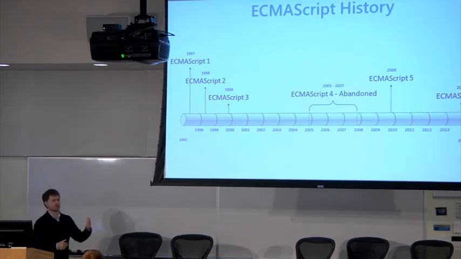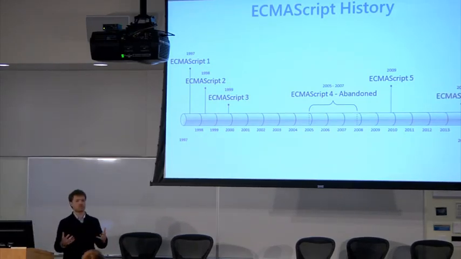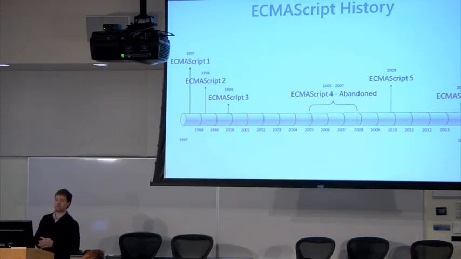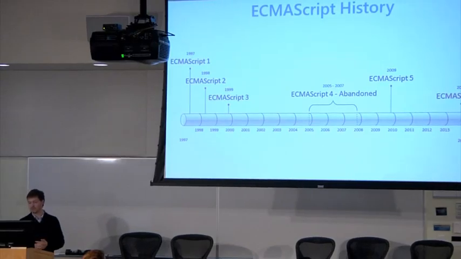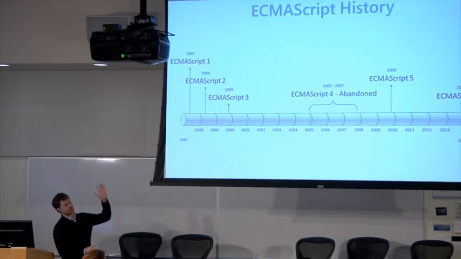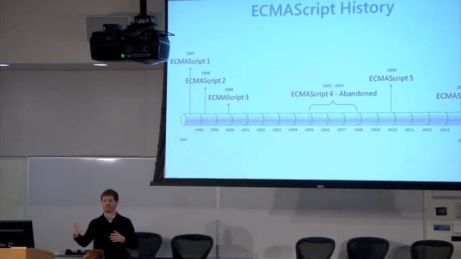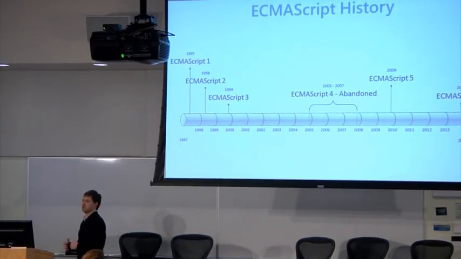That work was ultimately abandoned after there wasn't broad consensus on the direction of those additions. And instead, ECMAScript 5 was adopted by the standards group at the end of 2009. So you'll notice there's about 10 years between ECMAScript 3 and ECMAScript 5.